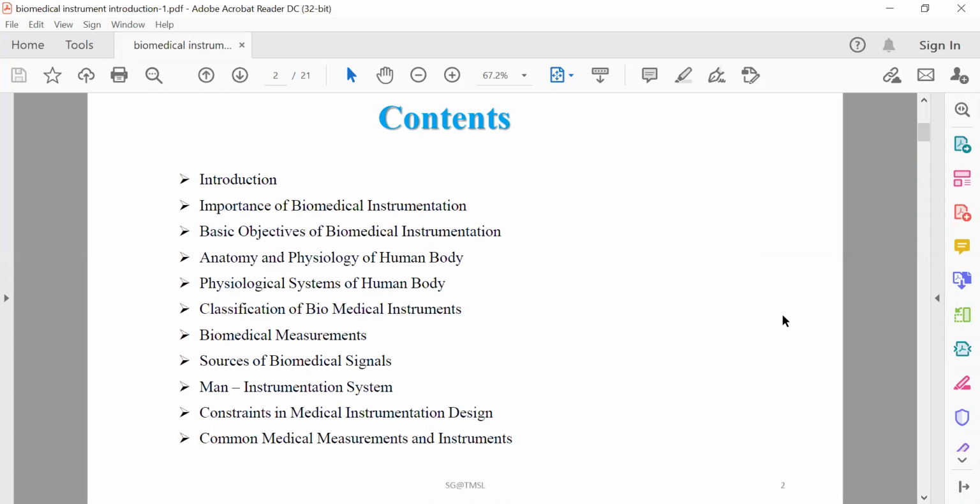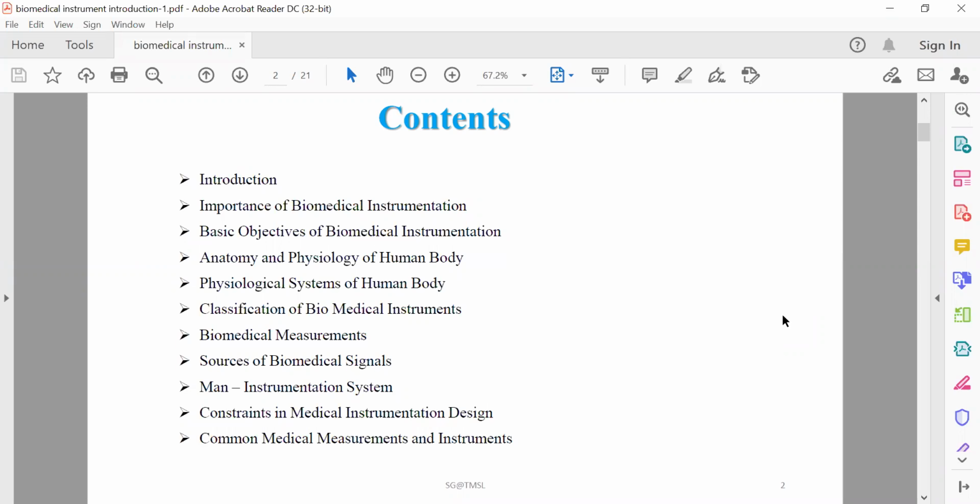First I would like to introduce what it is, then the importance and the objective of biomedical instrumentation. Then we have the anatomy and physiology of the human body. I would like to discuss in short the different physiological systems of our human body. Next will be the classification of biomedical instruments: what instruments are used to measure the biomedical signals or the different parameters.